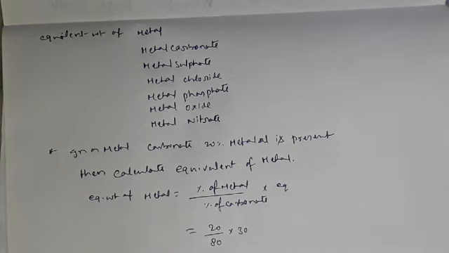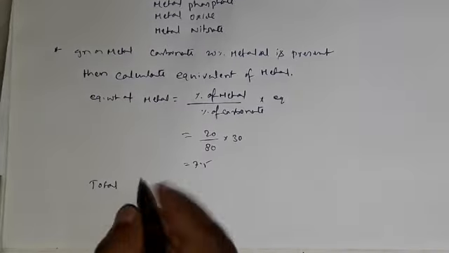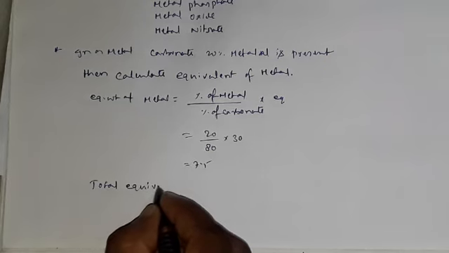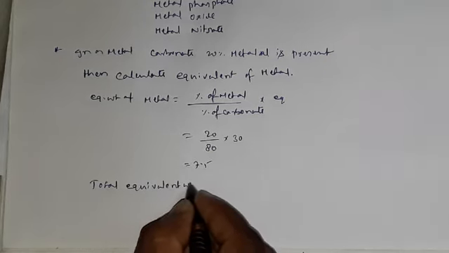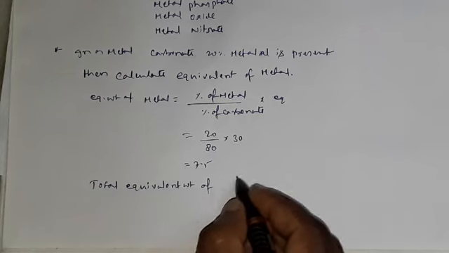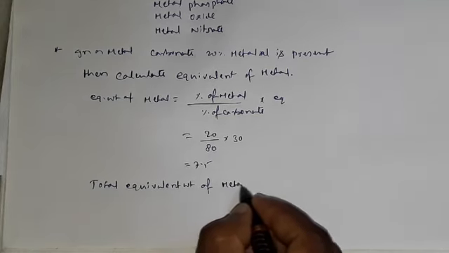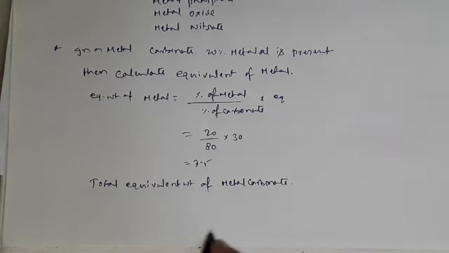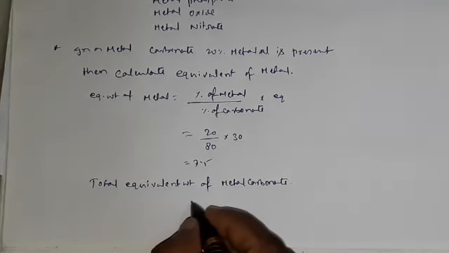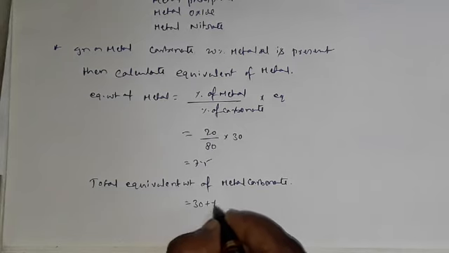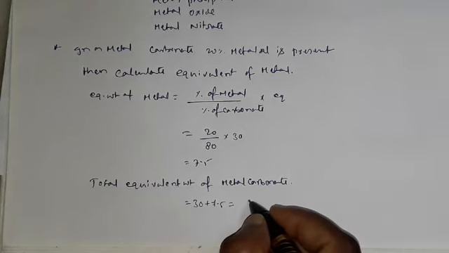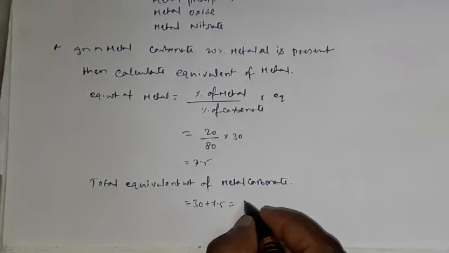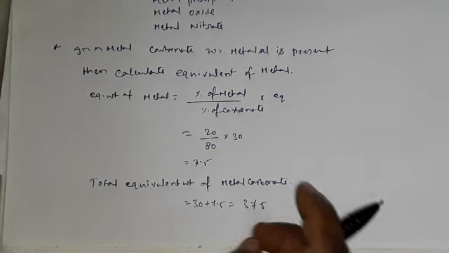Then the total equivalent weight of metal carbonate, for this case, is 30 plus 7.5. So the answer is 37.5.